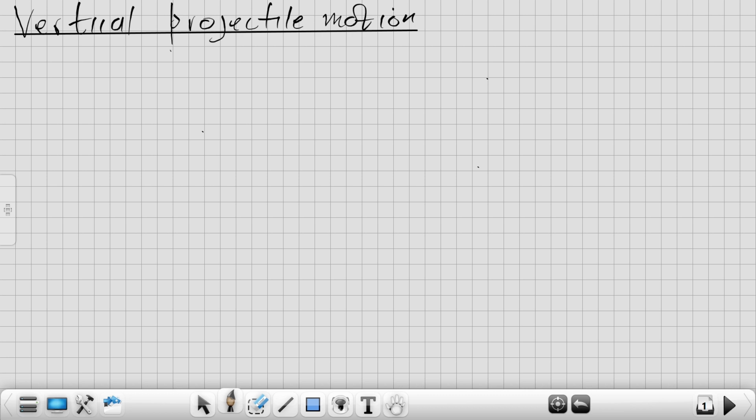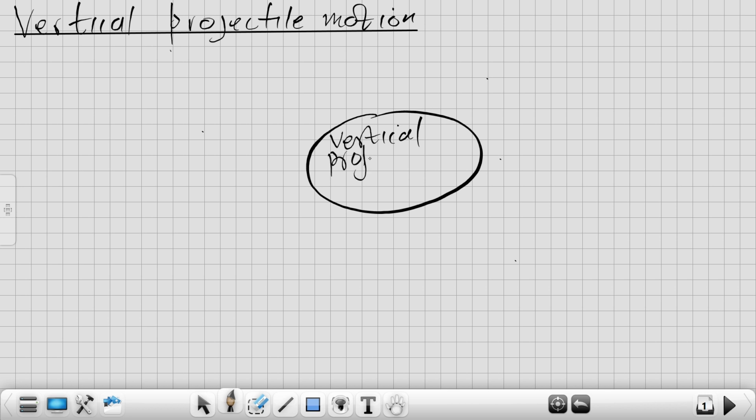So I will have my center again. Now it will be vertical projectile motion. And then the first pillar will obviously be to explain two keywords here. Keyword number 1, what is a projectile, and the motion.